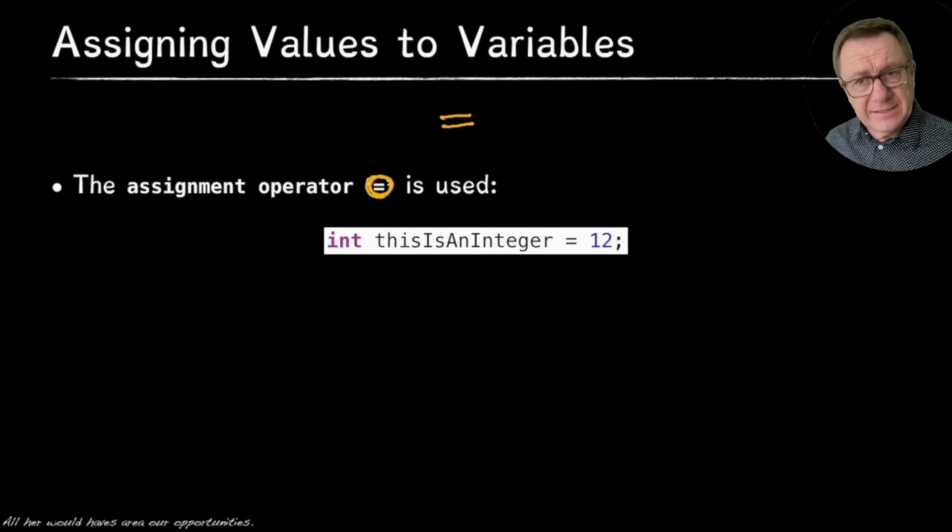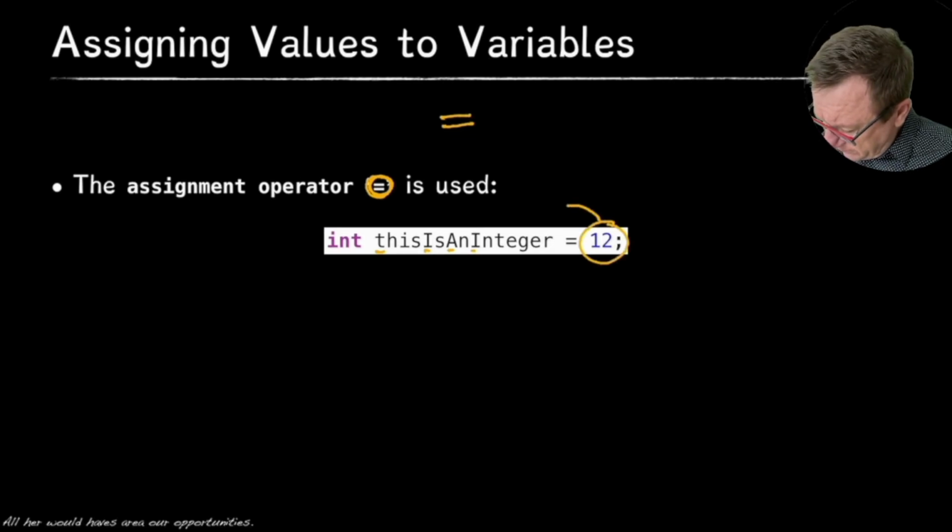So, int, we've seen this before, and I'm going to just point out again to reiterate each new word, no spaces, but the very first letter of the variable, of the identifier, is a lowercase, and then each new word in the name of it starts with a capital. And you'll say, int, this is an integer. Normally, we would say as non-programmers equals 12, but not in programming. We say 12, okay, assign, or this integer is assigned 12.